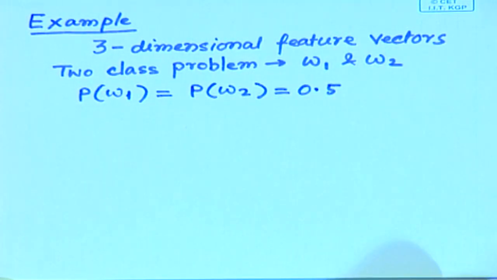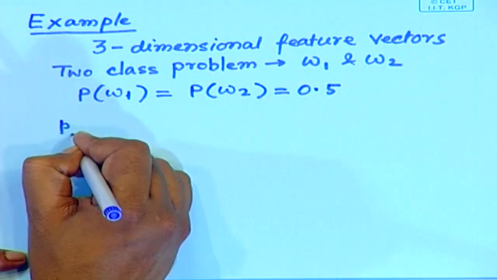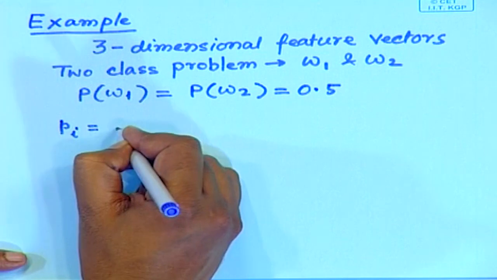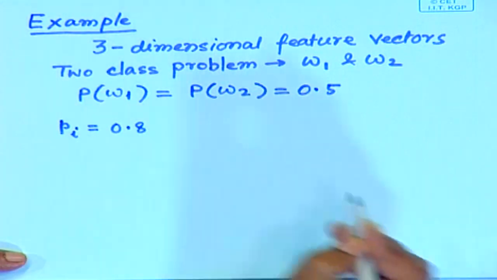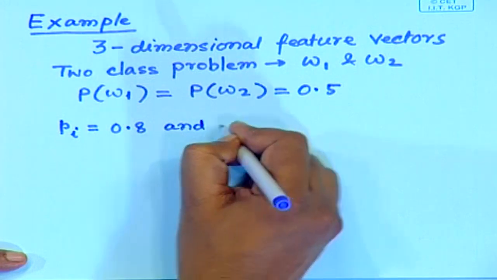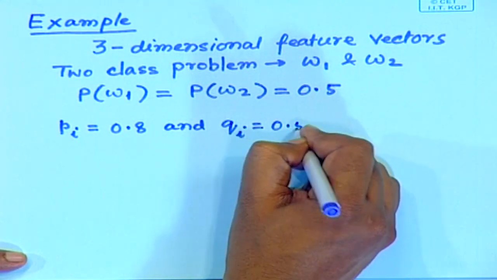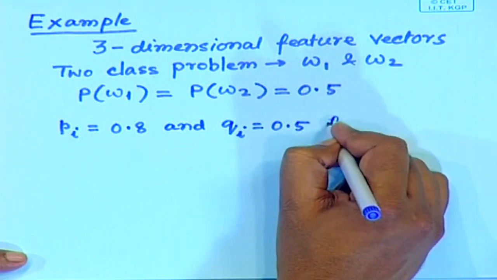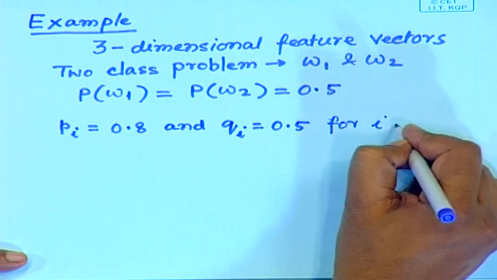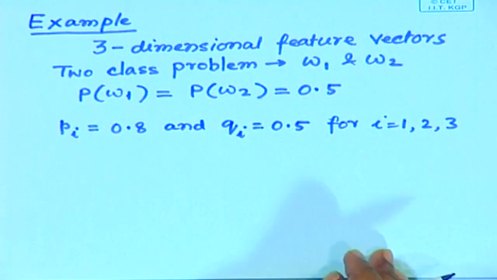Okay, and let us assume that the value of pi is equal to 0.8 and qi is equal to, say, 0.5 for all values of i, that is, for i varying from 1, 2 and 3.